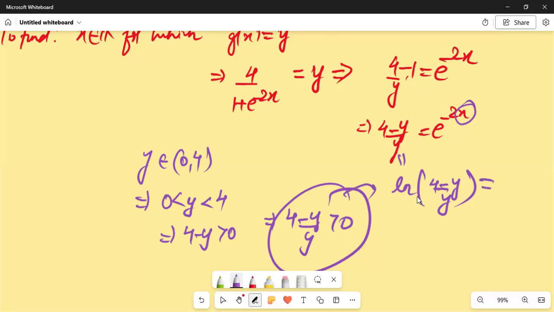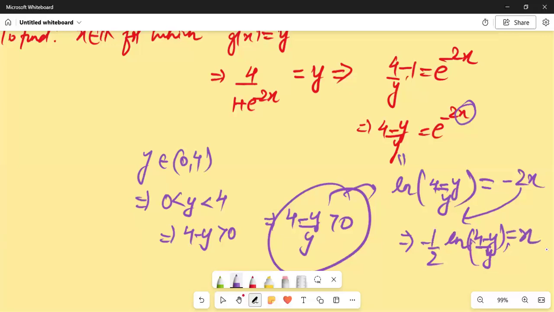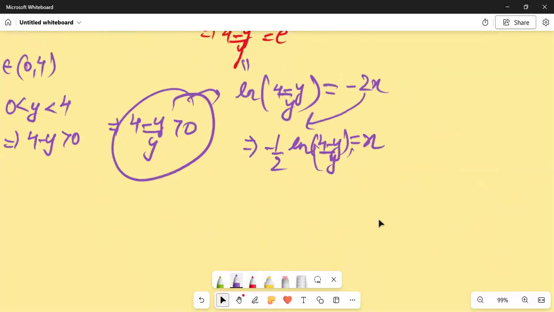So if you take logarithm on both sides, you'll get this. And taking this in the denominator, you get the value of x, and you can see that x is a real number. So for any value in the interval (0, 4), you are getting an x for which this holds.